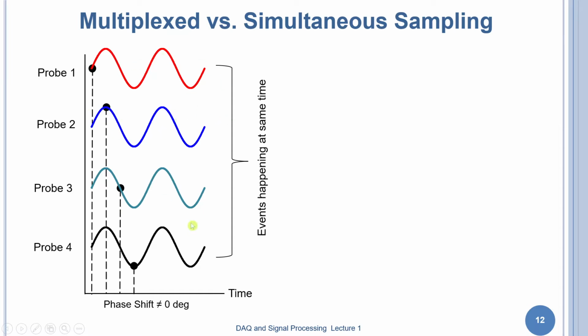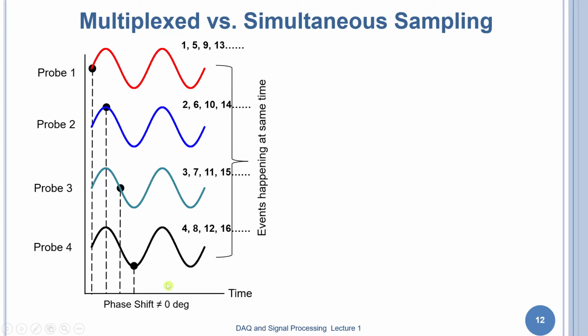If you use a multiplex system, the first sample is going to be for probe 1, the second sample will go to probe 2, the third sample will go to probe 3, and so on. You can see that only the fifth sample will come back to probe 1. So this actually gives you a small phase delay. The phase delay is not equal to 0.